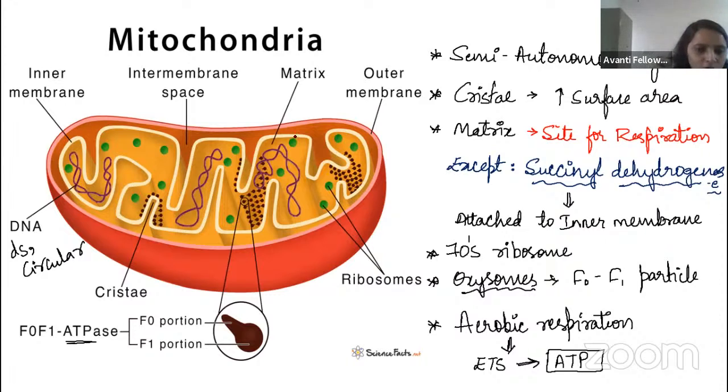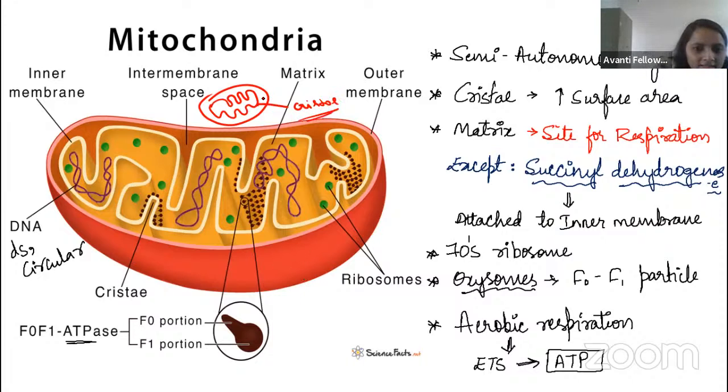Okay, guys. So for example, if you think this is the outer membrane and this is the inner membrane, the inner membrane forms a folding-like structure, right, guys? This folding-like structure we call the cristae.